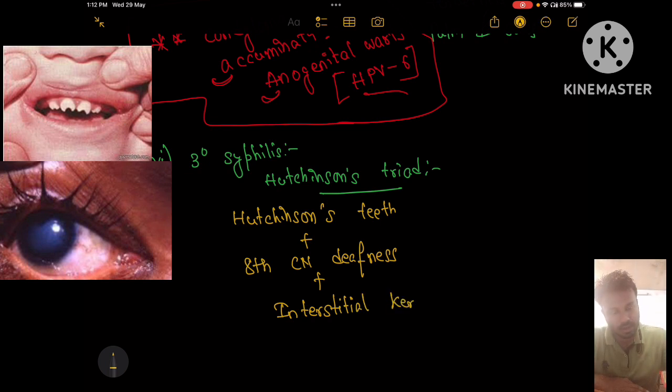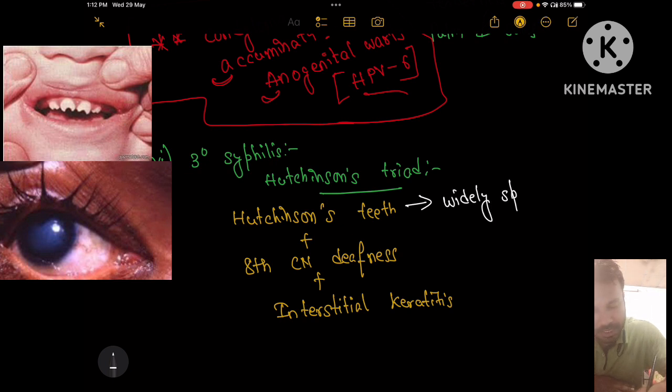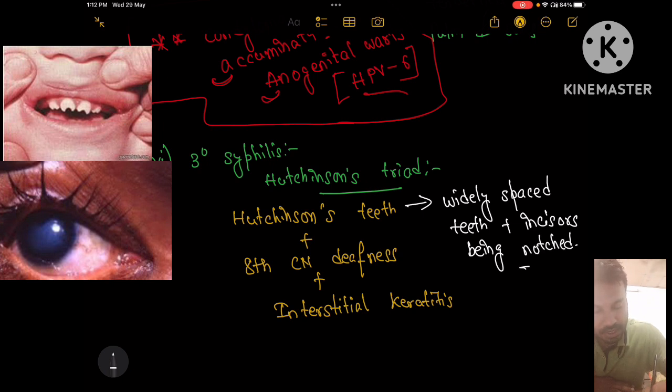So what is Hutchinson teeth? Hutchinson teeth are widely spaced teeth with notched incisors.